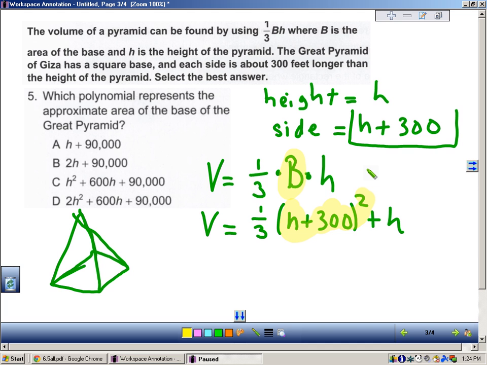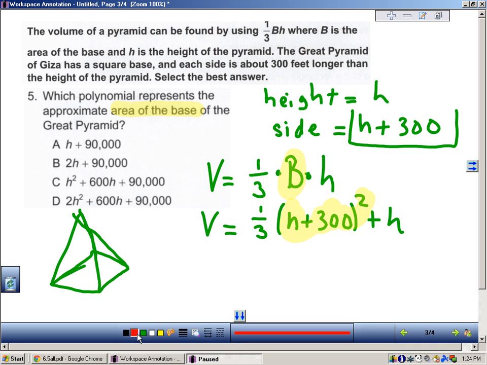So I substitute. Now, if I look at the question, it says, which polynomial represents the approximate area of the base? Oh, so I actually went overboard. The area of the base is B, and so I don't need the volume formula per se. All I really need is this expression here.